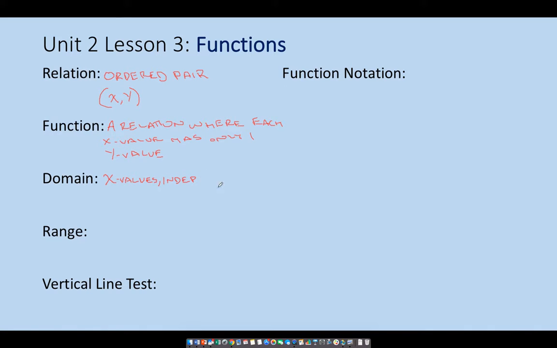Okay? So your independent values are also your x values, are also your domain. Another word, not quite used so often, but sometimes when we're talking about algebra theory, you'll hear the phrase input. So input also means independent values, x values, domain.